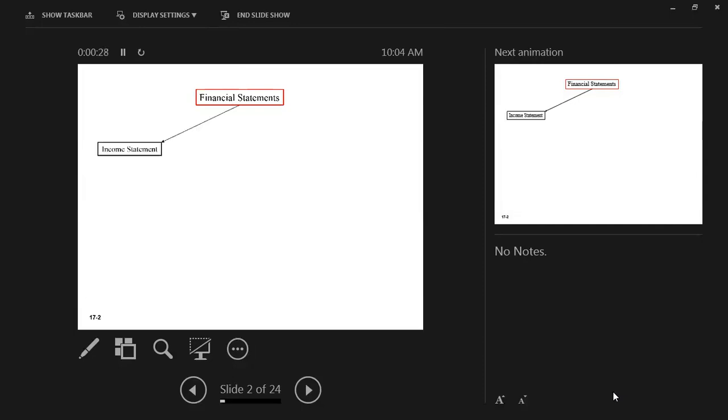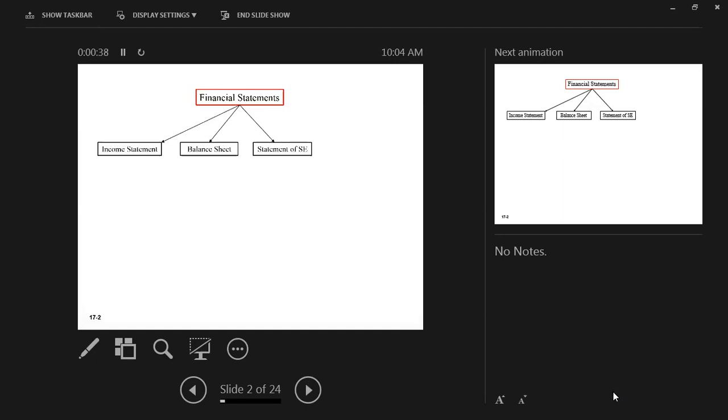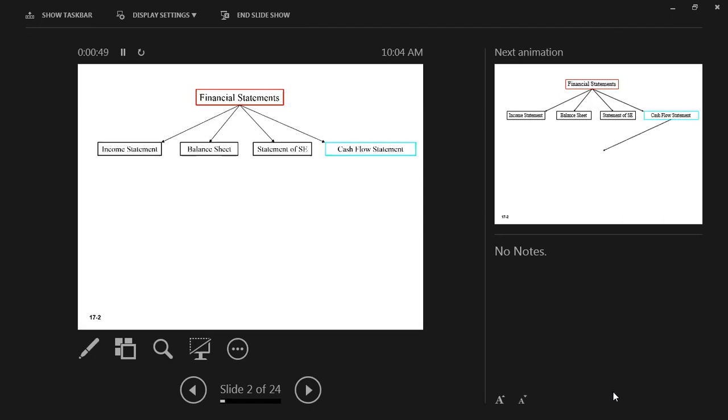For example, you already know how to prepare the income statement, how to prepare the balance sheet, then how to prepare the statement of stockholders' equity. And today we are going to learn in detail about the cash flow statement.